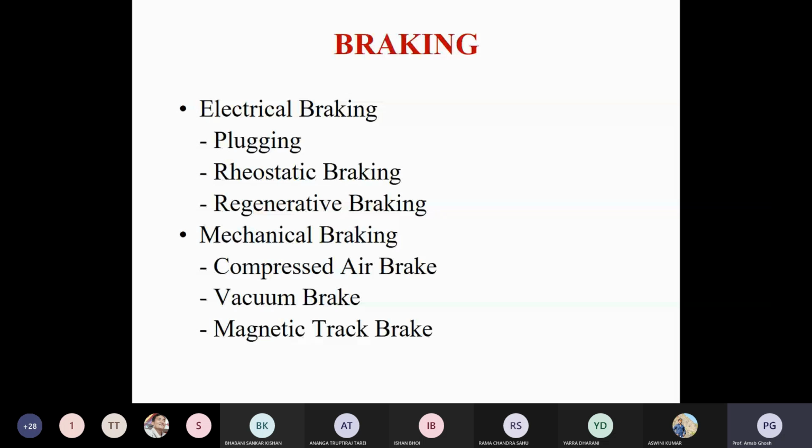Otherwise there will be the problem of insulation breakdown, because the voltage level of the overhead line will suddenly become high.